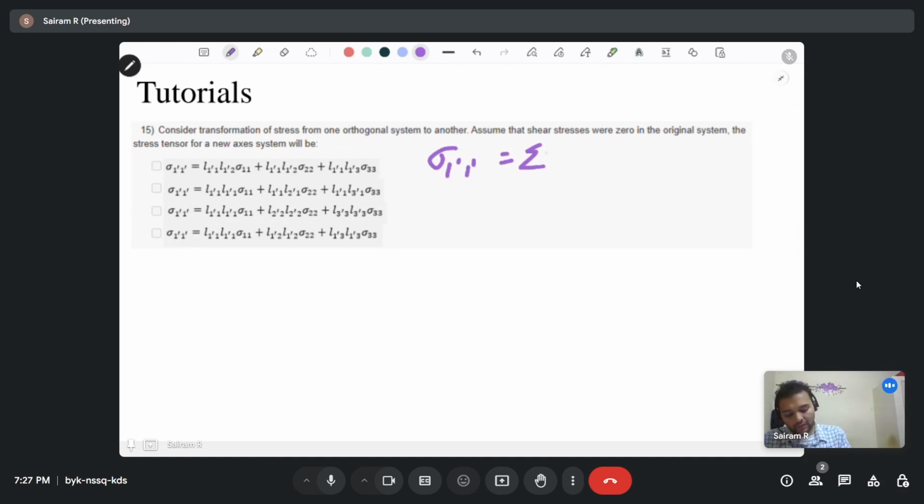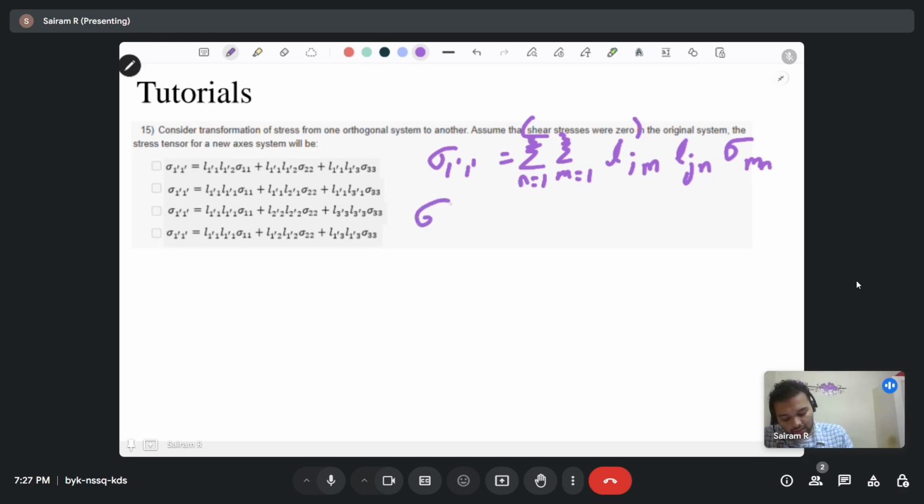As we know, the formula for this is a sum over n equals 1, 2, 3 and m equals 1, 2, 3 of l im l jn sigma mn. Here 1 prime is the i and j values. And we also know from the question that assume shear stresses were zero.